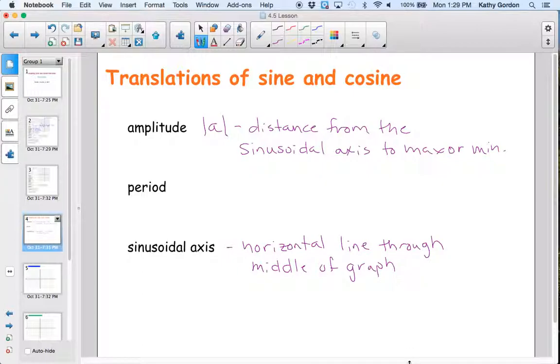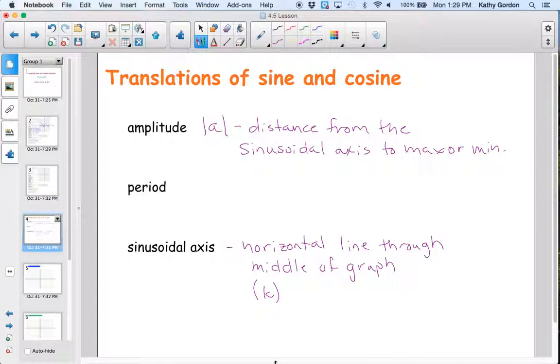What's going to affect where your sinusoidal axis is? A, B, H, or K? K. Because if K moves things up or down, that horizontal line is also going to move up or down.